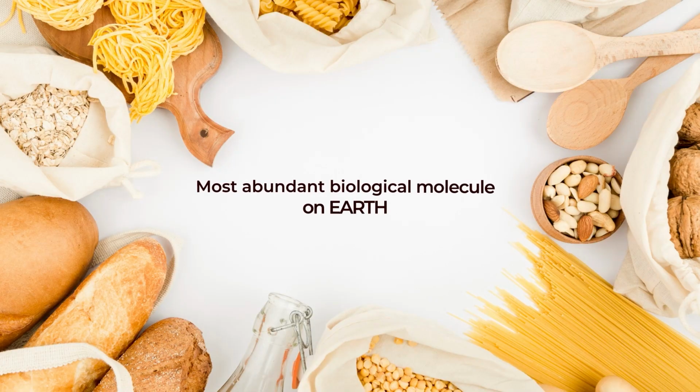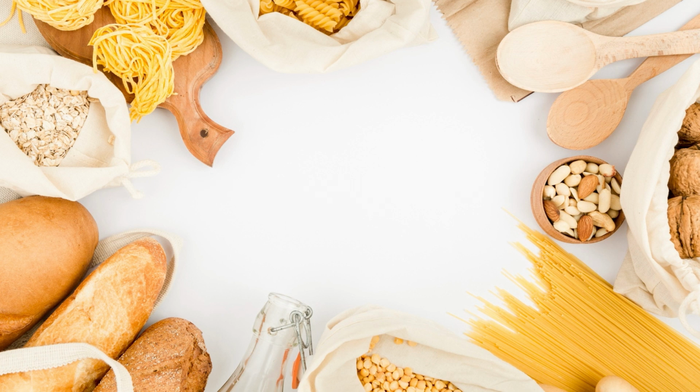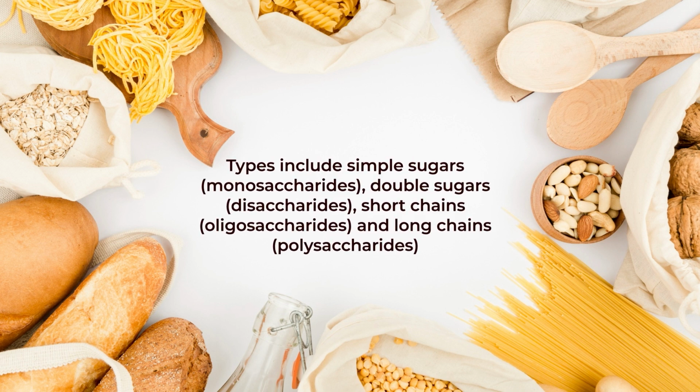Now, to conclude about carbohydrates: they are the most abundant biological molecules on earth, produced by photosynthesis, mainly by plants. They have a lot of nutritional and functional importance, and by structure they are the simple monosaccharides, disaccharides, oligosaccharides and polysaccharides.